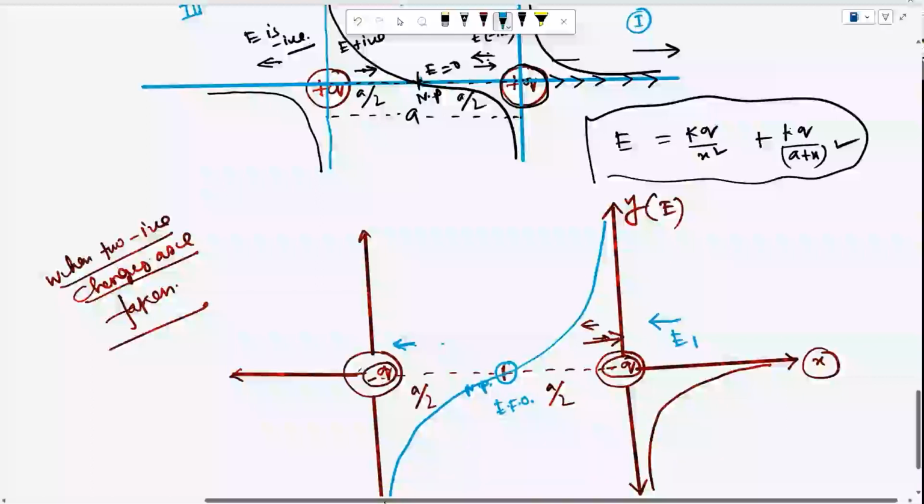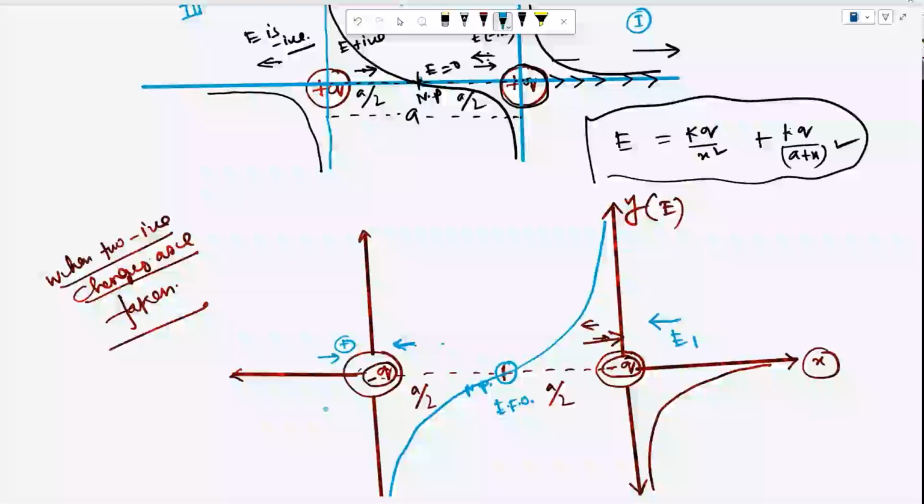Alright? And what will happen if you take a point on left side of minus q charge? If I keep a unit positive charge here, that will experience force towards right. Wherever you keep. If a vanishingly small test charge is taken or 1 coulomb charge taken, the force experienced is the strength of electric field.